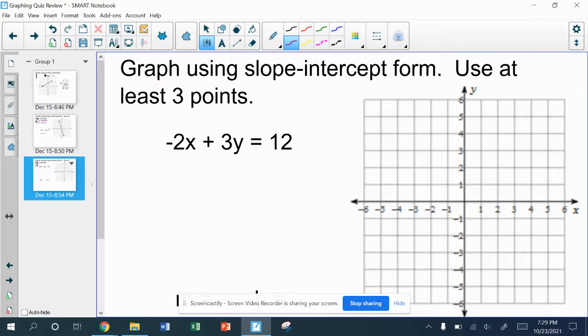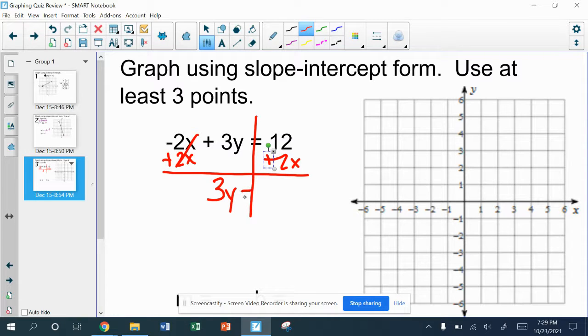If I give you an equation that is not in slope-intercept form, I would need to take the time to get the y by itself, right? So we want to, first of all, get rid of that negative 2x. So I would add 2x to both sides. Remember, I'm not going to write 12 plus 2x.